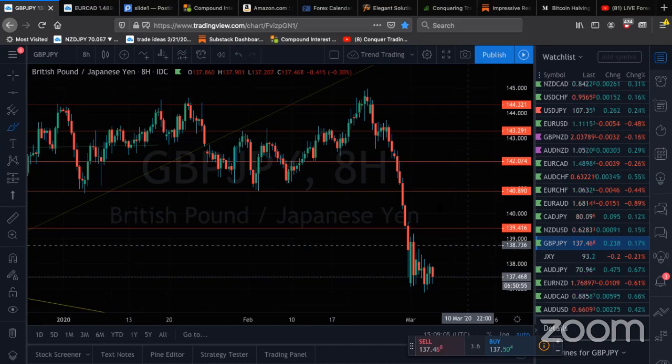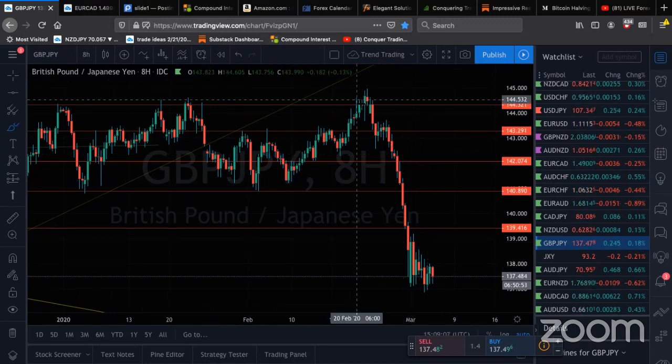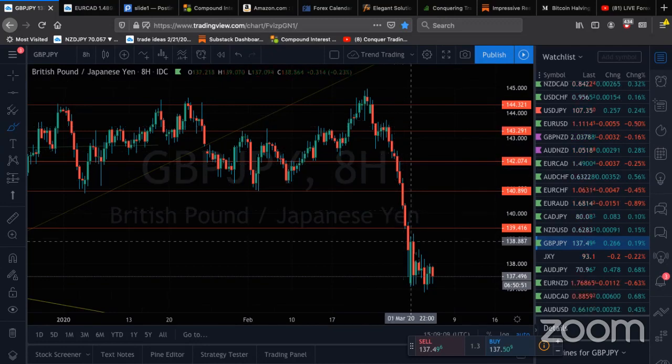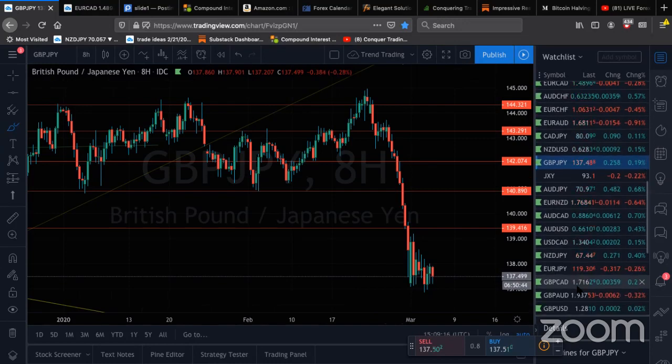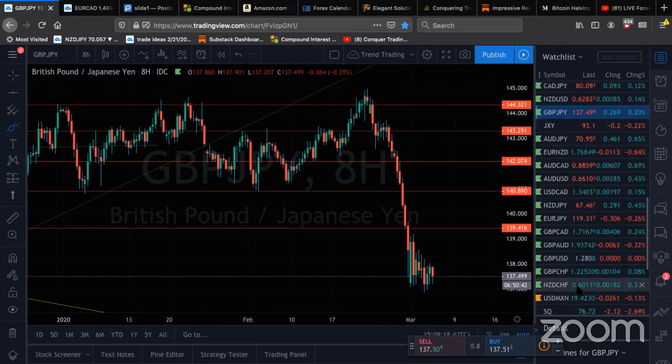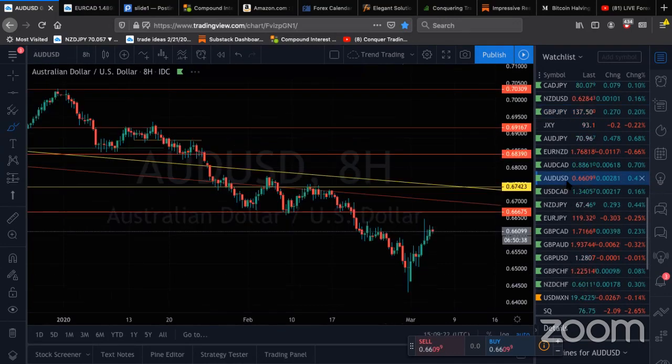Then we know from the past week the Japanese yen is super strong because it's been strong every day. We know the Swiss franc has been strong the last few weeks, right? We know the Australian dollar, although it's strong today, has been very weak, right? So that's how you figure out which is the strongest and the weakest.